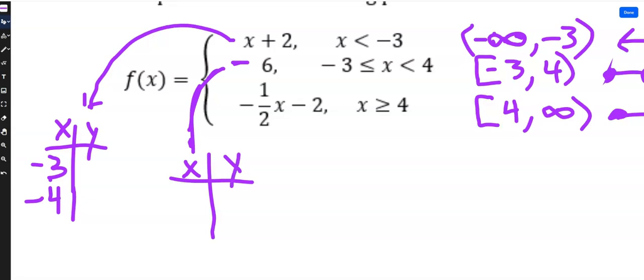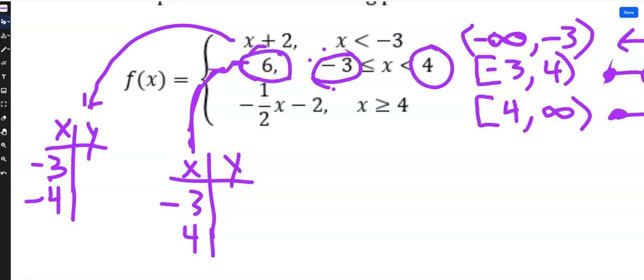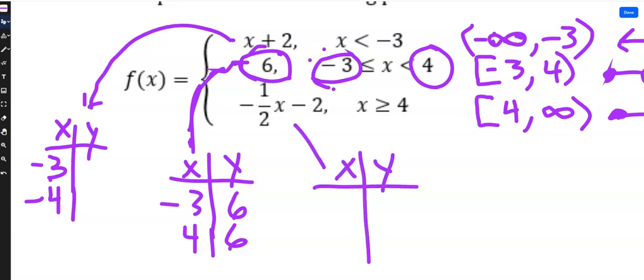Very, very simple, but always pick the values that they give me. If they give me both of the values, then use them. And this one's pretty simple, right? It's just plain old 6. So we have a 6 there and a 6 there. So I don't even have to do any calculations on that. Okay, and the last one we're going to make an XY chart for is this last line.